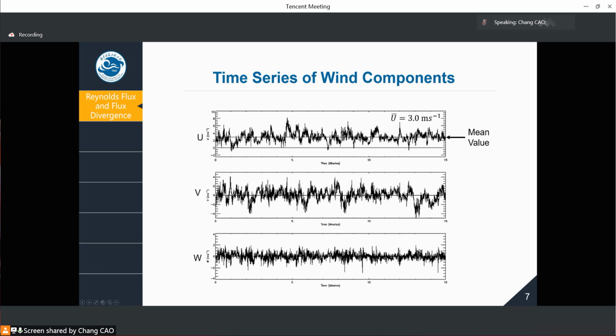So this is what I have just said before. By definition, V bar and W bar usually are very close to 0. But U bar is not 0. For example, in this time series, U bar equals 3 meters per second, right?